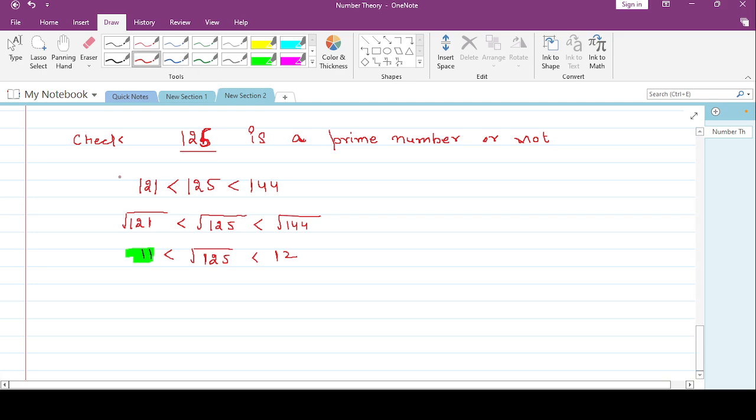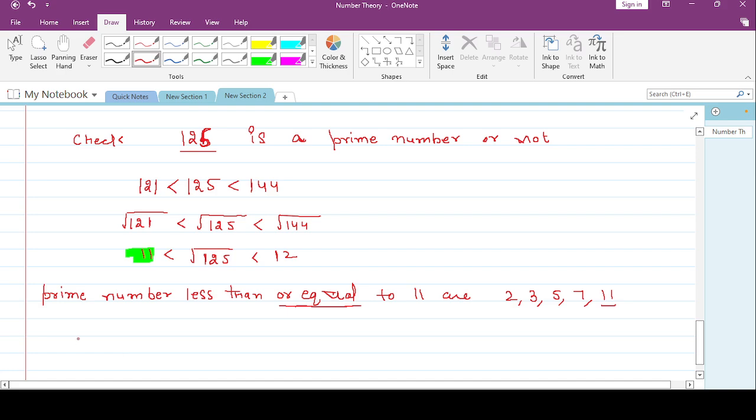So now, prime numbers less than or equal to 11. What are the prime numbers? See, 2, 3, 5, 7 and 11, because here equal to is also mentioned, so take this 11 also.